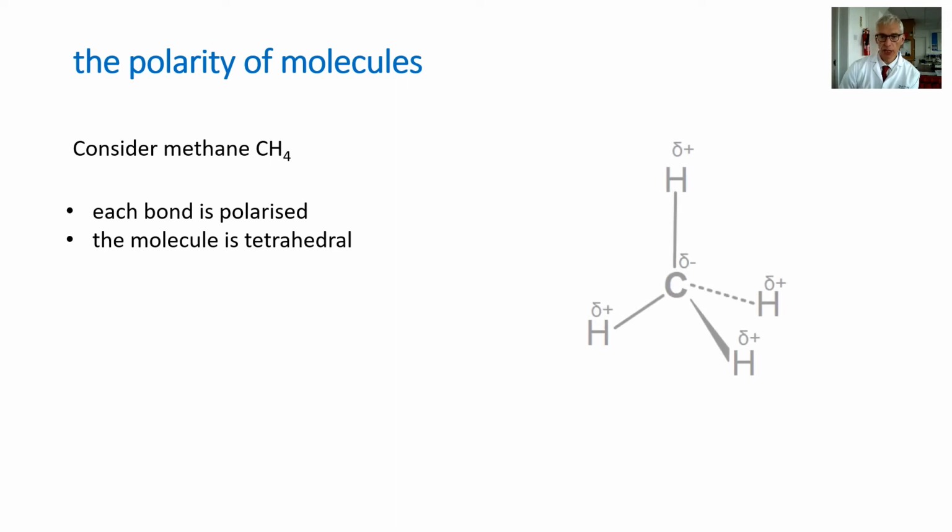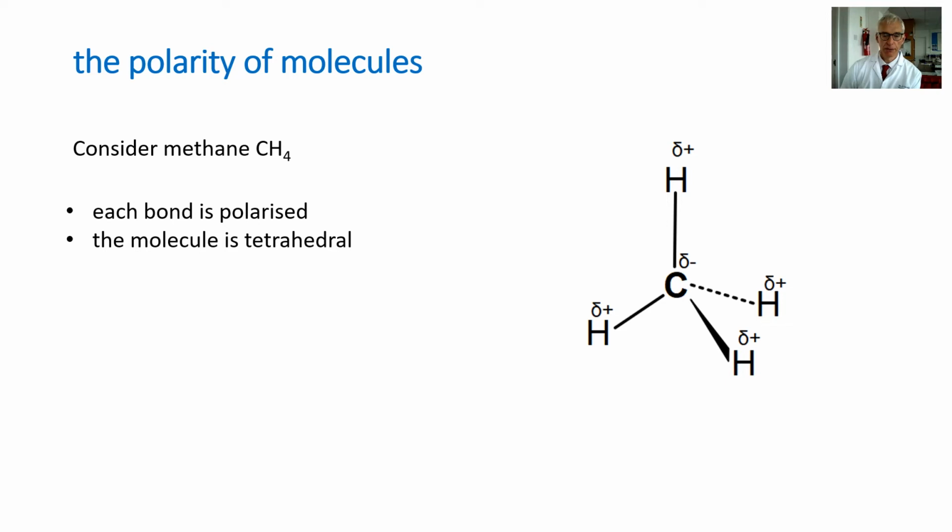So if I produce a diagram of that molecule, you will see the bond polarities or dipoles marked in, with the hydrogen delta plus on the right hand side balanced by a hydrogen delta plus on the left. Hydrogen delta plus above is balanced by hydrogen delta plus below.